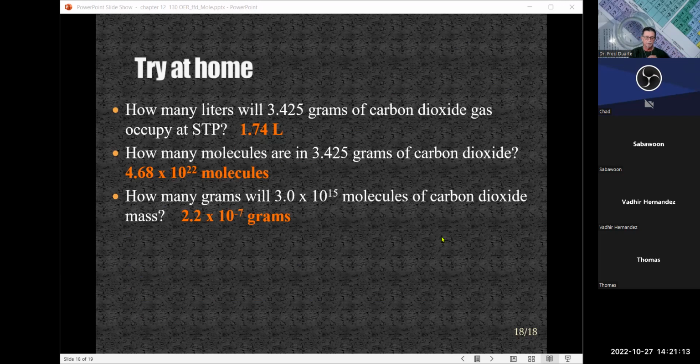Calculate how many molecules that has, and you should come up with 4.68 times 10 to the 22 molecules. And if you had 3.0 times 10 to the 15 molecules of carbon dioxide, what would its mass be? You should come up with 2.2 times 10 to the negative 7 grams.